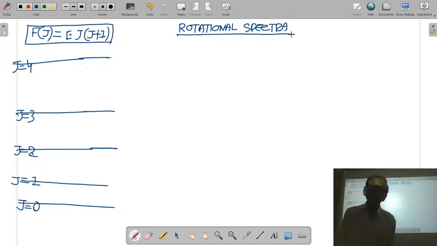So we are going to discuss the absorption rotational spectra. In order to discuss the rotational spectra, we consider two energy levels of a molecule.